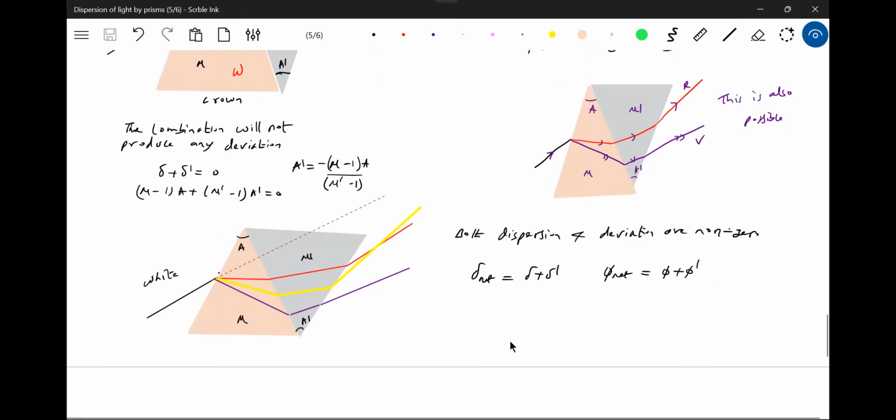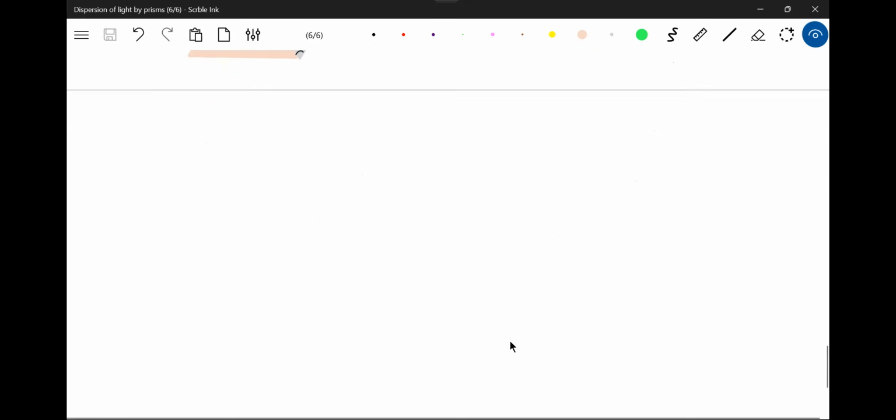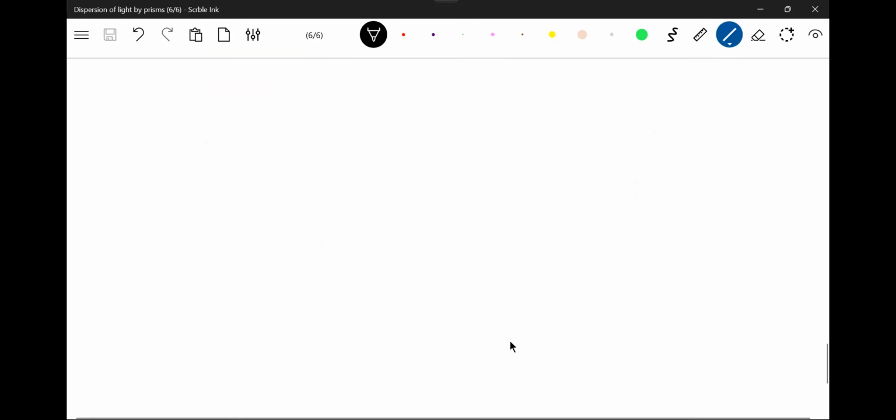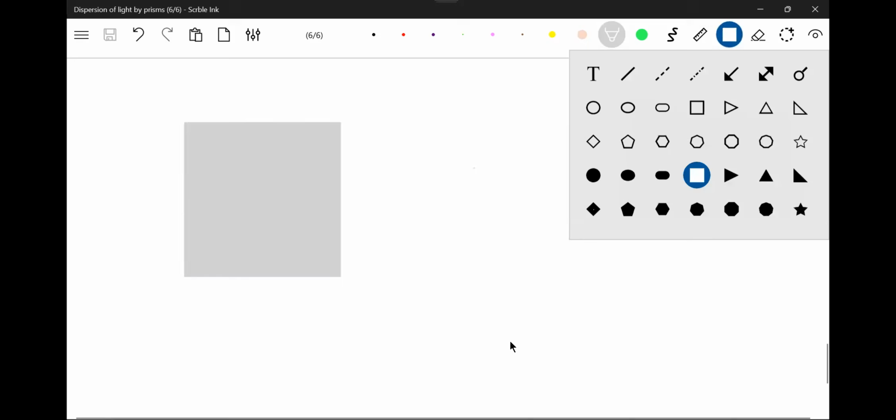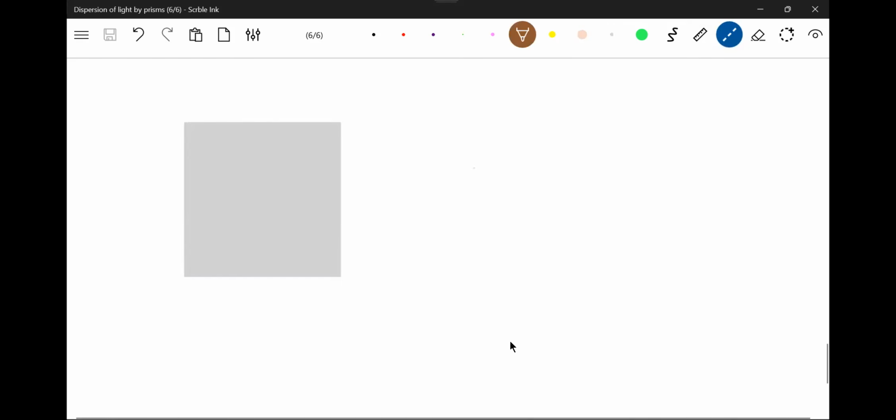Now, we'll directly take the glass slab, what actually happens, because this is something very important for us. If we take a glass slab, what is a glass slab? We can assume it is made up of two prisms. Fine, this is one angle.